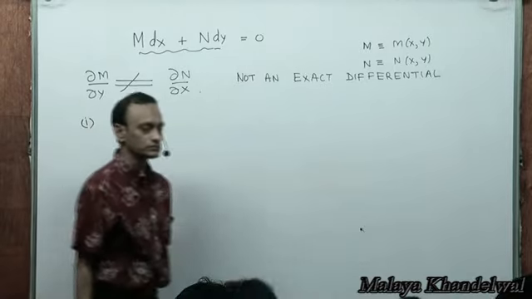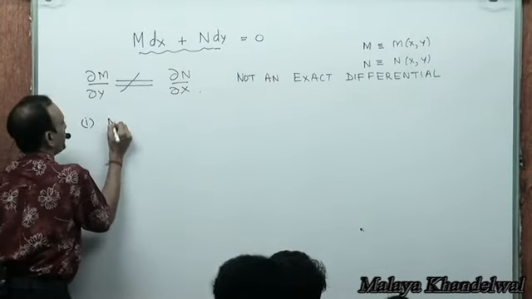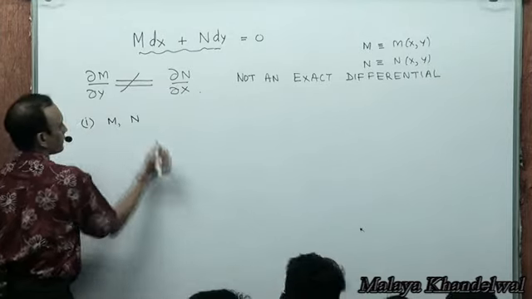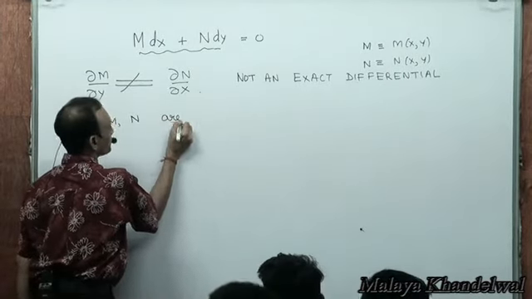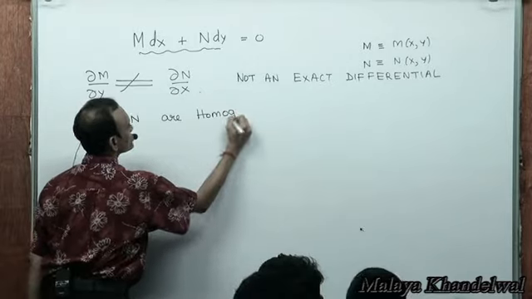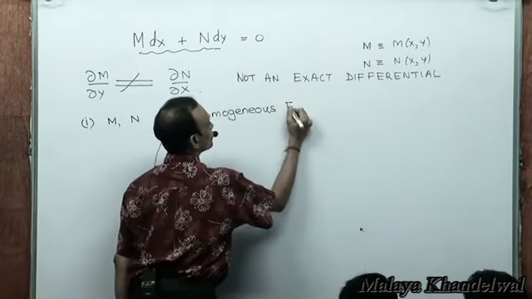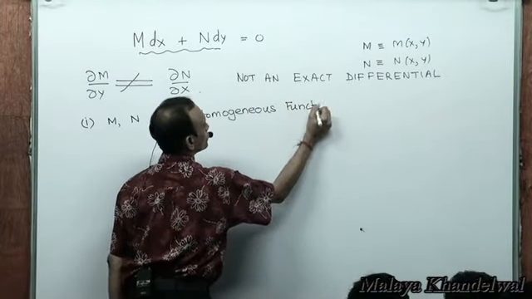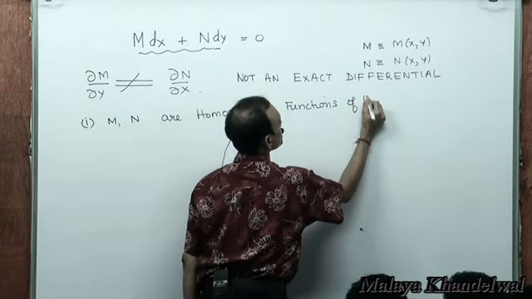Case 1. M and N are, say, homogeneous functions of the same degree.